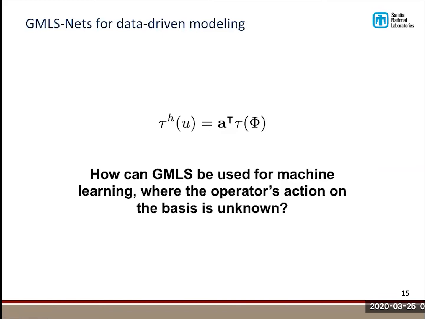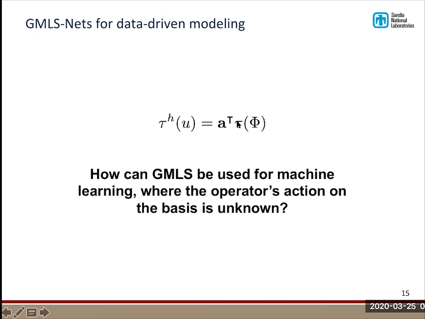Okay, so that was the forward simulation context. Now what we're going to look at is the data-driven version, where we don't know what the operator is that we're trying to approximate. We're trying to learn it from some data. So we're going to take this GMLS estimator, and recall that it is a pairing of GMLS coefficients, which encode your data in terms of a reconstruction space, with the action of an operator on the reconstruction space.